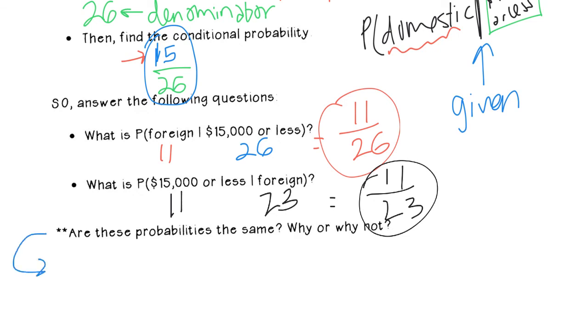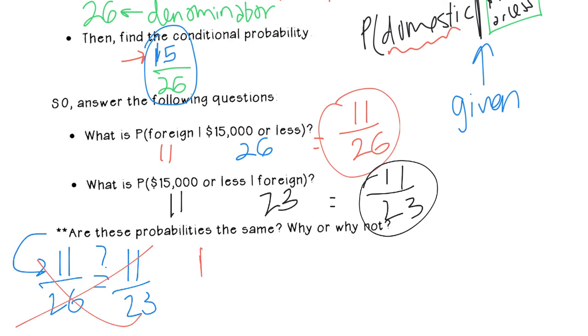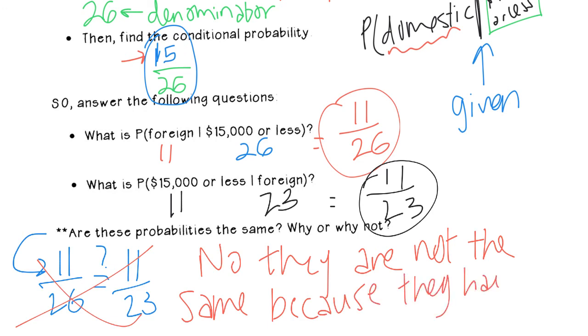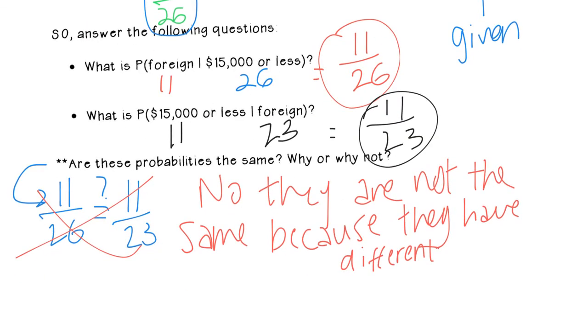This last question asks if the probabilities are the same. Is 11 over 26 equal to 11 over 23? And the correct answer is no, it's not. The reason we'd say they are not the same is because they have different sample sizes.